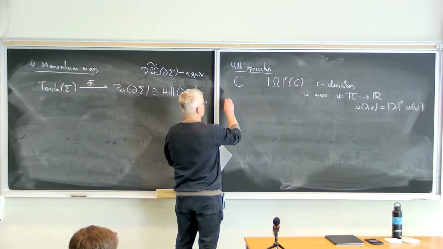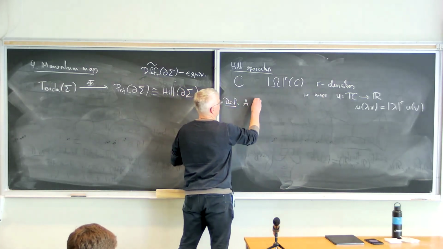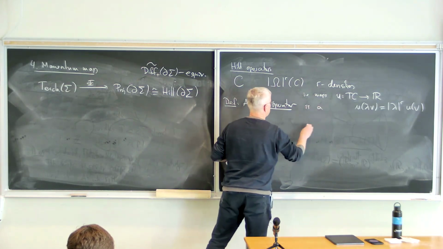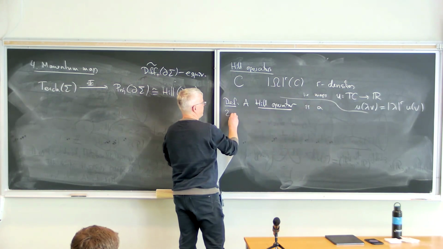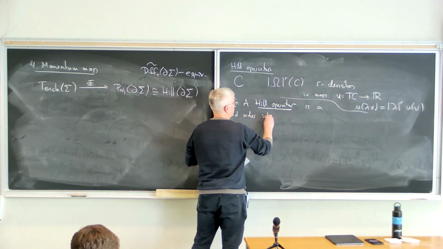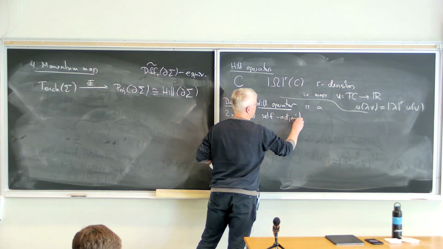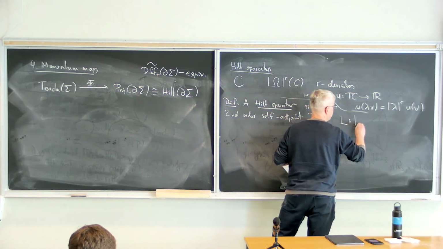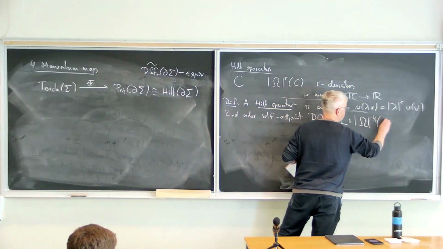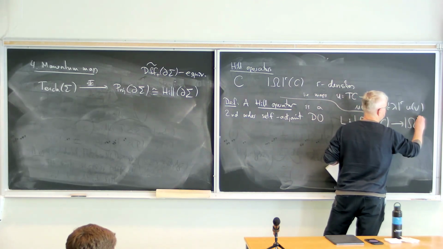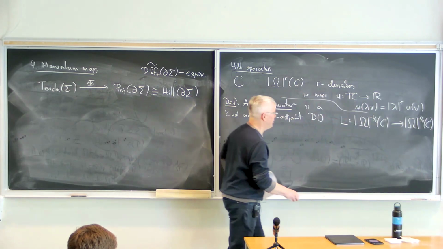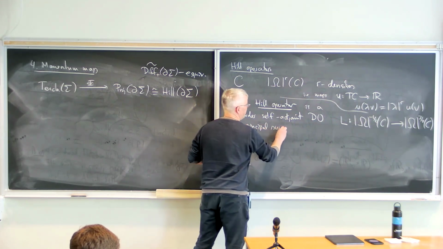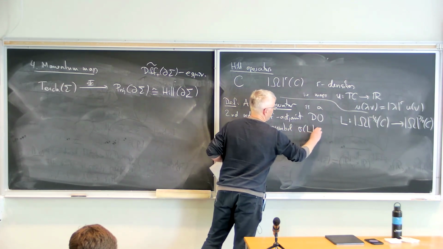And now we can say the definition. A Hill operator is a second order self-adjoint differential operator L, which goes from, and this is now the kind of shocking part, from -1/2 densities to 3/2 densities, with a principal symbol, meaning leading behavior, equal to 1.